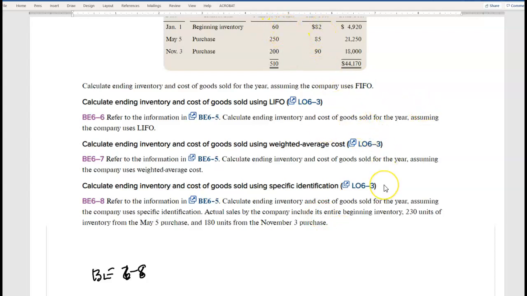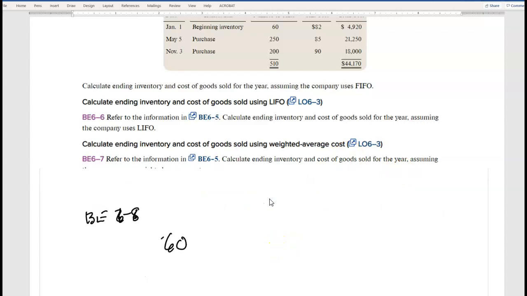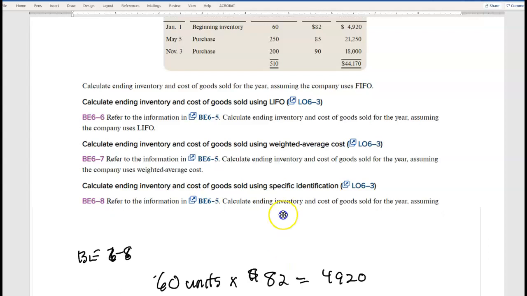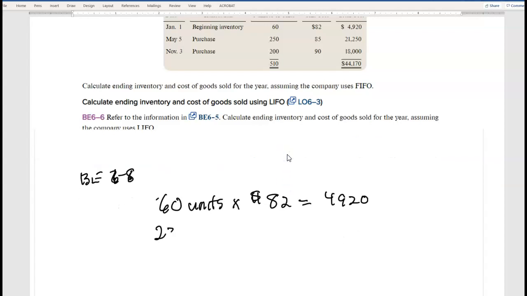So 60 times 82, and I need to write that down. 60 units times $82, and that's $4,920 because it's up there. 230 units of inventory from the May 5th purchase, which is 85. 230 times 85 is 19,550.